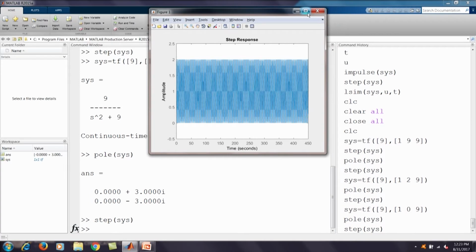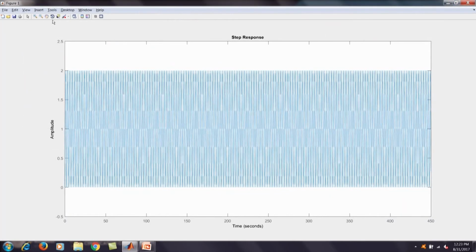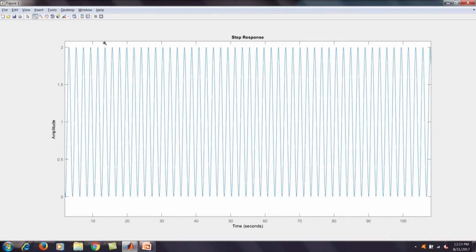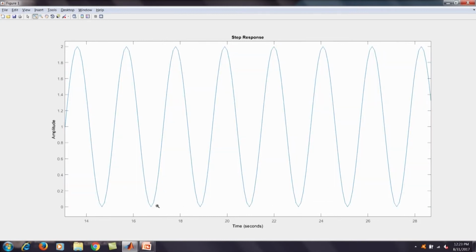We know that when the poles are on the j omega axis, we have oscillations, and we can see the oscillations here. Because the poles are plus minus 3i, omega is 3 here.